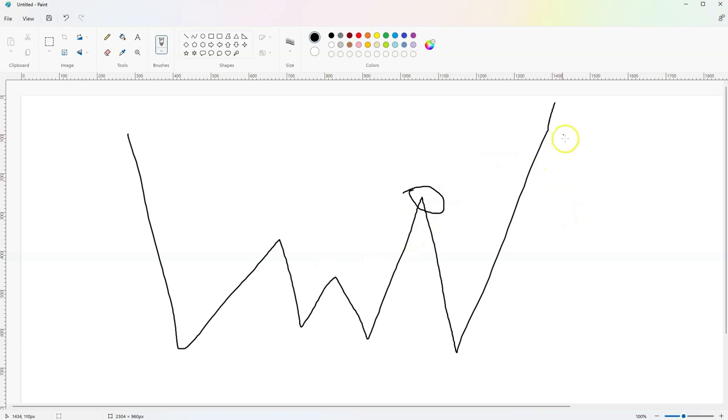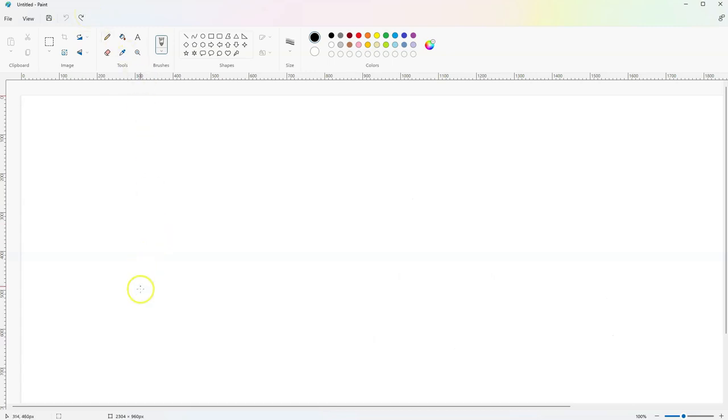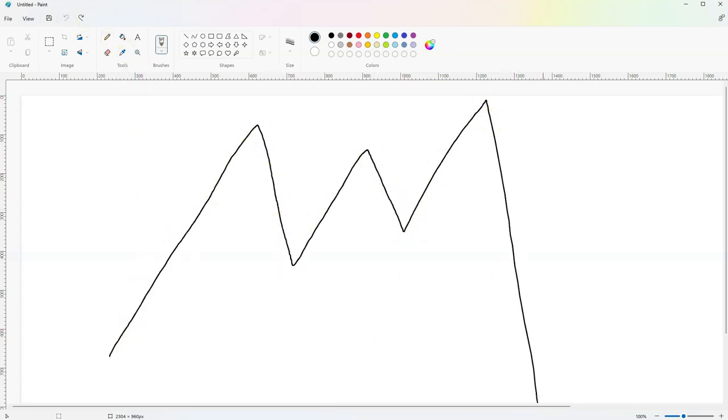So this formation would likely end up taking a turn back down. It's just something we want to avoid. And of course, in a sell example, I would do the opposite. If we were looking at a sell example, then we would want something like that, where this is actually higher than the last one that came before it. So that's what I'm talking about when I say the diagonal trajectory.